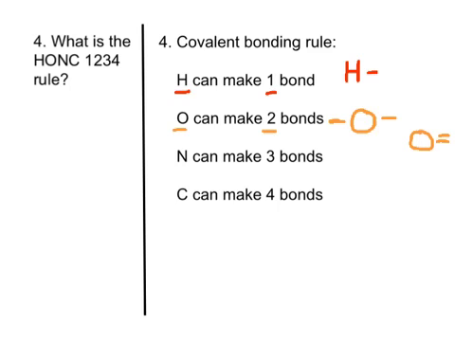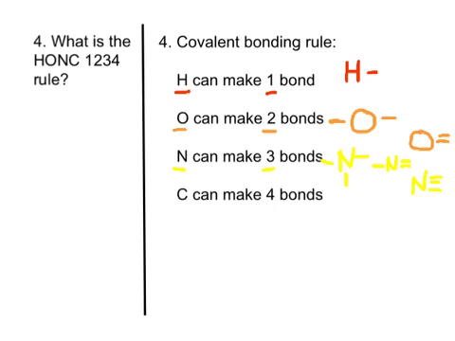Now, the N is nitrogen, and he makes three bonds. So again, nitrogen will always have three sticks coming out from him when he is in a structural formula. We can have three single bonds, or a double bond and a single bond, or we can even make a triple bond with nitrogen.